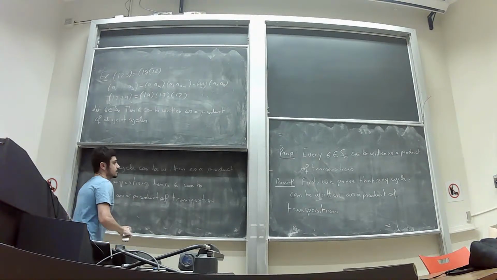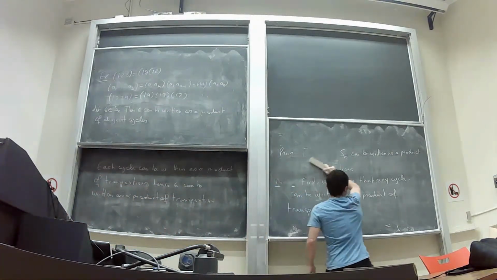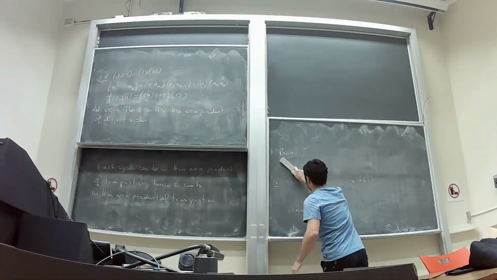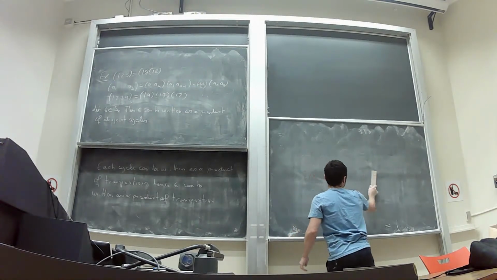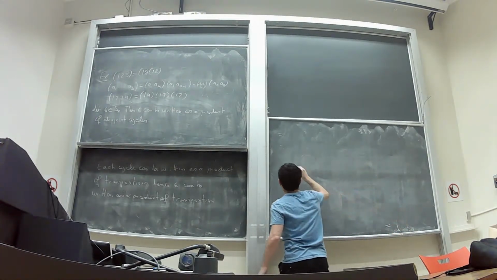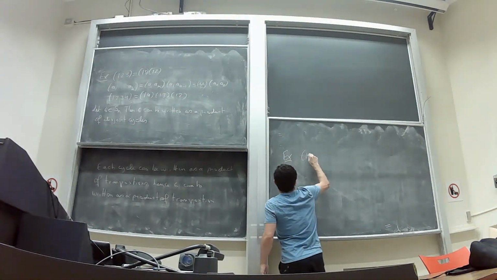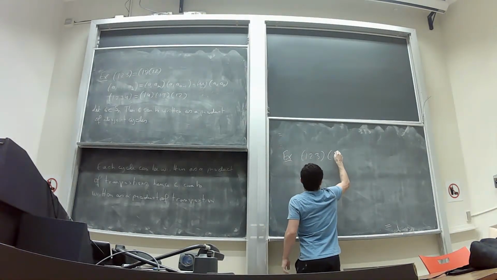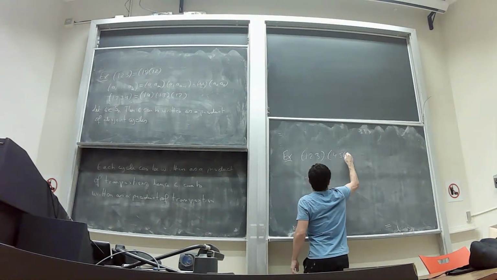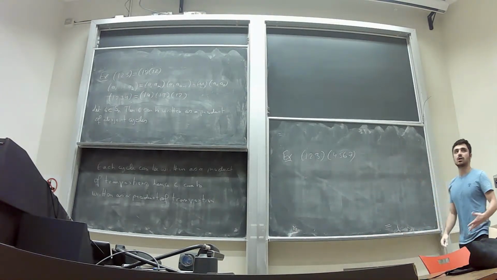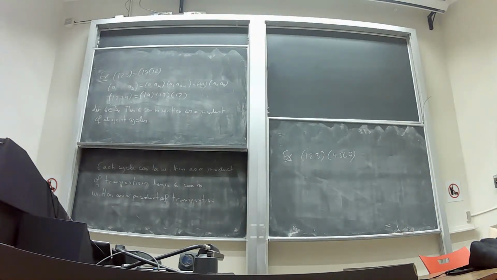Let's give an example. Let's say (1 2 3)(4 5 6 7). How do I write this as a product of transpositions?